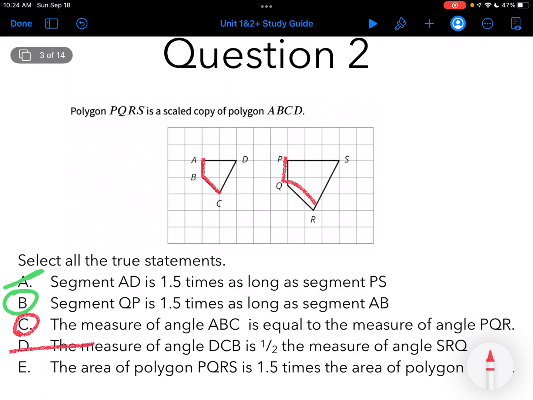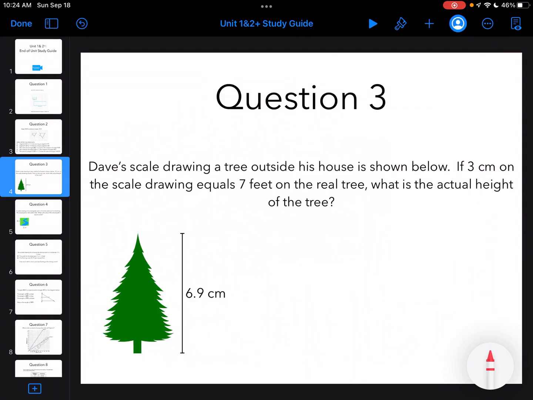The area of polygon PQRS is 1.5 times the area of polygon ABCD. Well, I know the length would be 1.5 times and the width would be 1.5 times. So it would be 1.5 times 1.5. So that's not true. So B and C would be the correct answers.